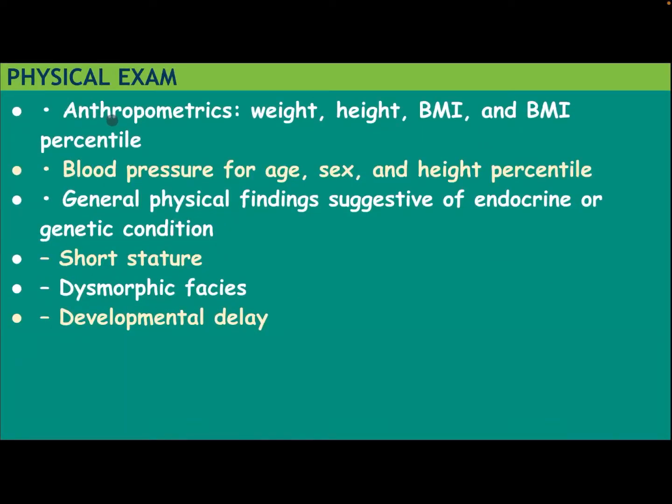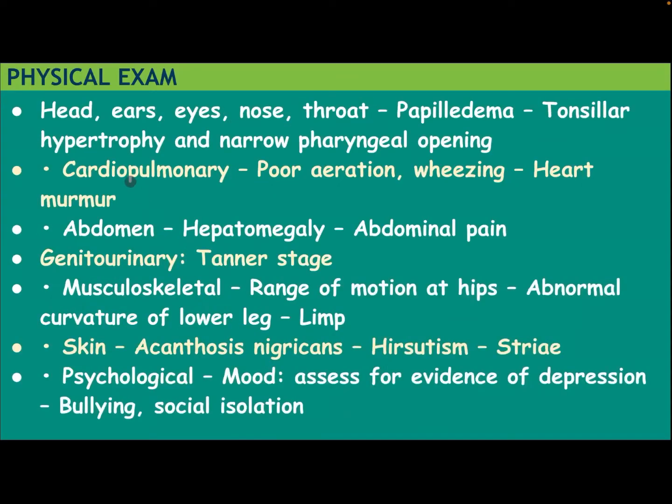Physical examination. Anthropometrics: weight, height, body mass index and BMI percentile, blood pressure for age, sex, and height percentile. General physical findings suggestive of an endocrine or genetic condition, like short stature, dysmorphic faces, developmental delay. Head, ears, eyes, nose, throat: papilledema, tonsillar hypertrophy and narrow pharyngeal opening.